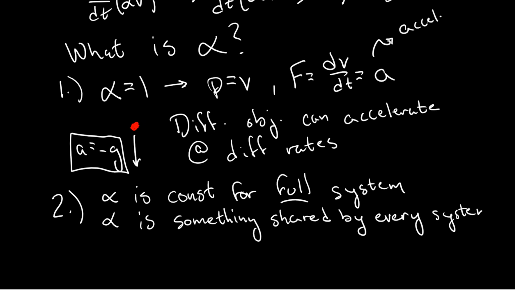So I should be able to assign a number alpha to any system that I care about. In classical physics, at least, there's something that satisfies this very nicely, that being the mass of a system.